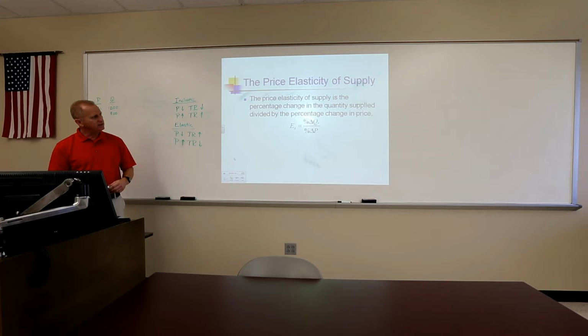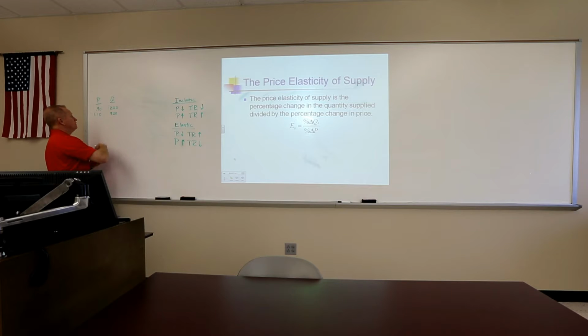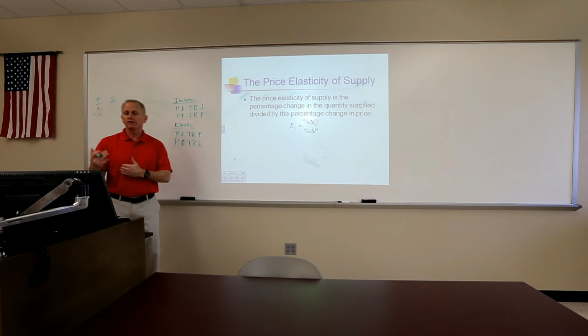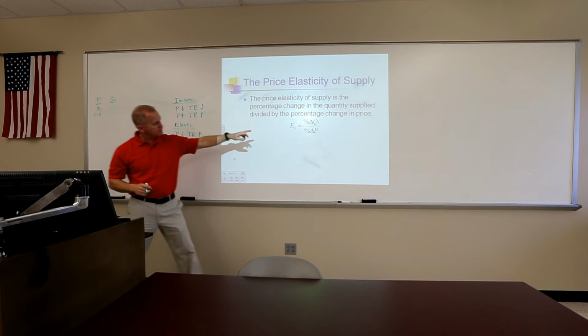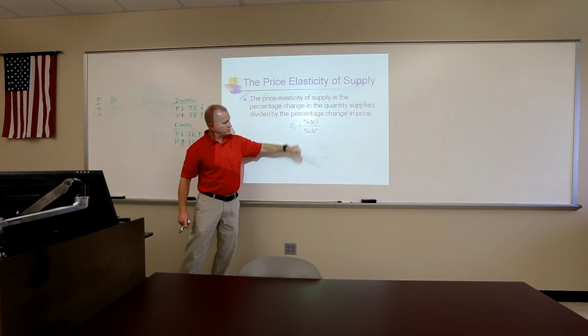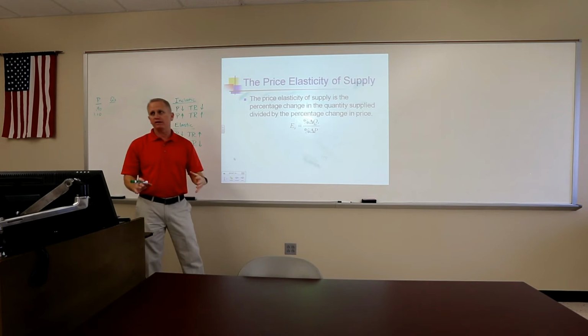The formula, and we'll use the midpoint method again, is the percentage change in quantity supplied divided by the percentage change in price. Instead of quantity demanded, this would be quantity supplied. If the price goes up, then the quantity supplied is also going to go up.